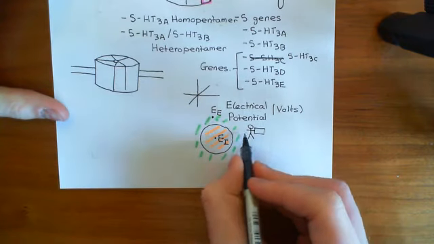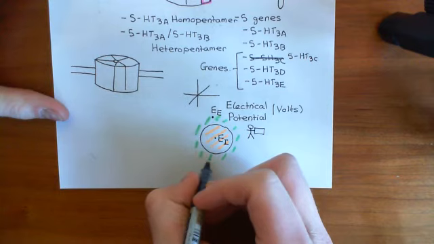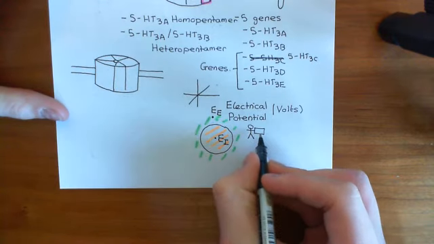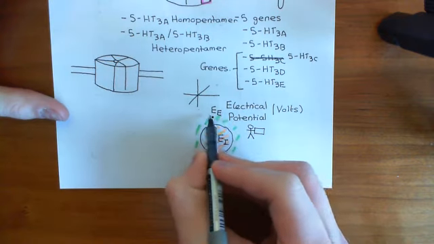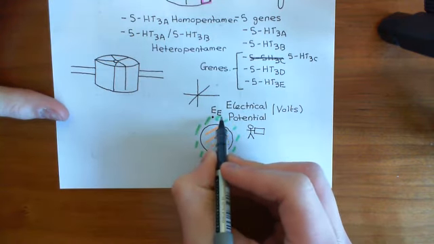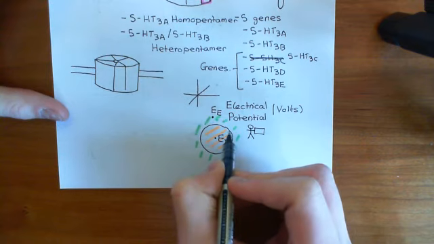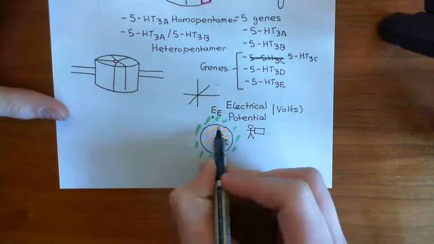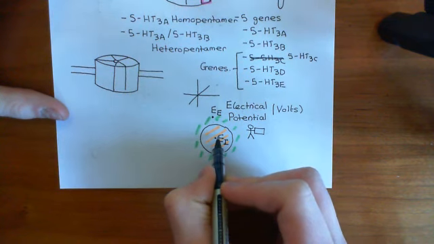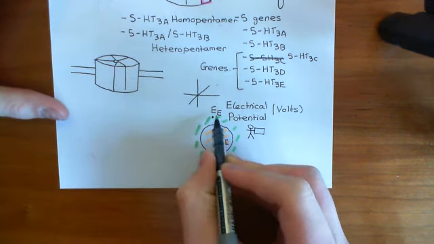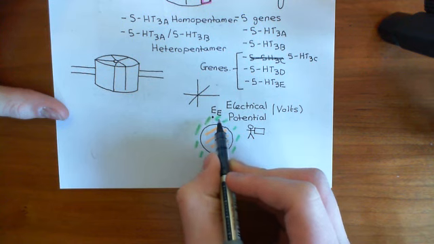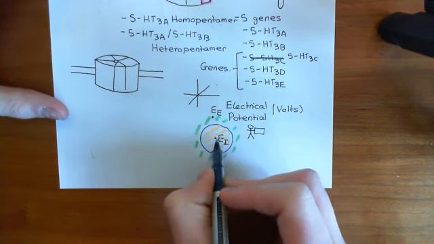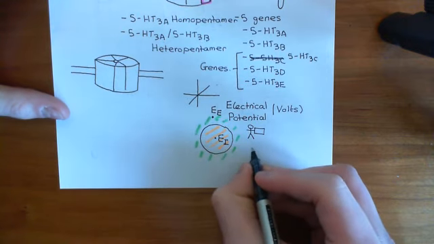So if this little man was to walk around in the extracellular fluid, the number on his screen would always remain the same, and it would be this electrical potential extracellularly. These two numbers are not necessarily the same thing. The intracellular electrical potential might be different from the extracellular electrical potential. So this gives us the concept of an electrical potential difference across the cell membrane.